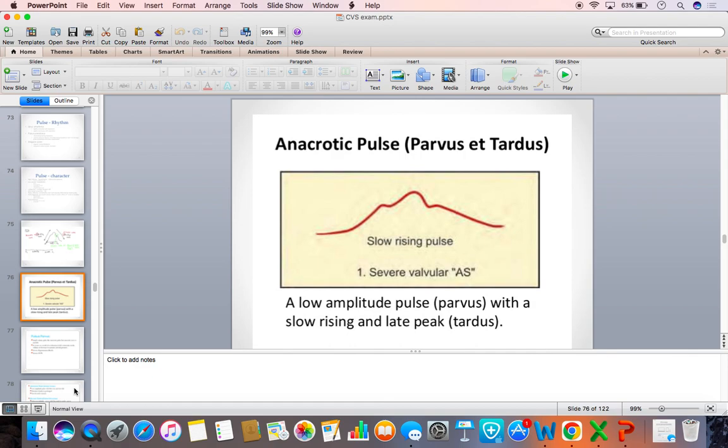What's happening in aortic stenosis? Stroke volume is less and the ventricular ejection time is longer. Stroke volume is indicated in the pulse as a low volume pulse, and prolonged ventricular systole is indicated by slow rising of the pulse wave.